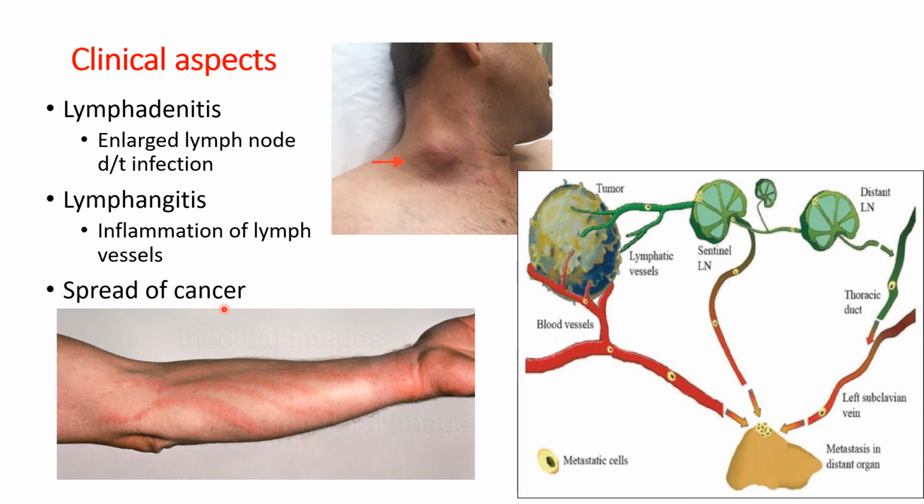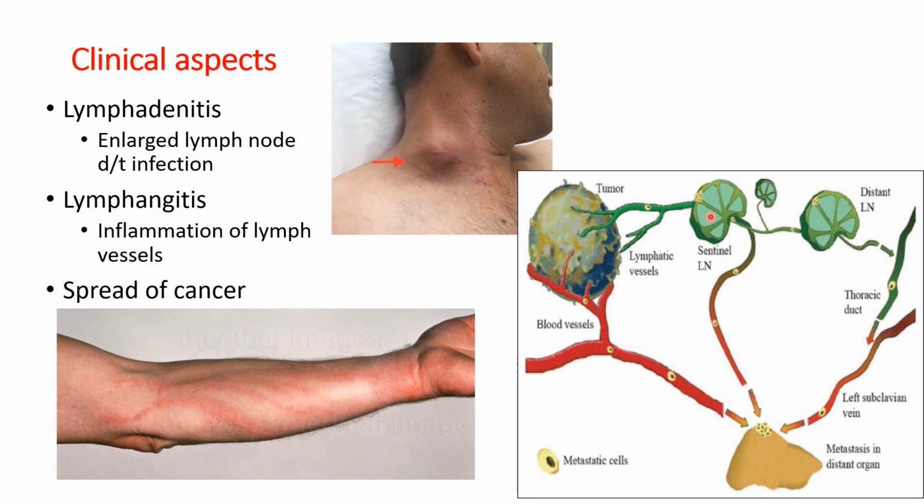As a result, cancer cells may get established within the lymph node and develop a new metastatic site within the lymph node. You can see here in this picture that this was the tumor, and the malignant cells travel through the lymph and reach the lymph node, and sometimes they establish a metastatic center within the lymph node itself.